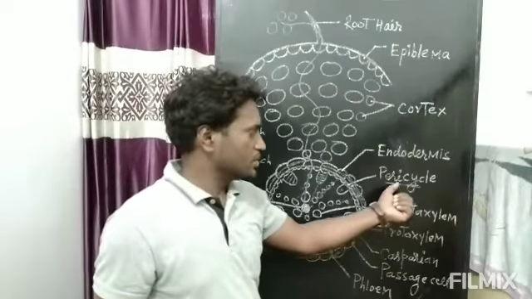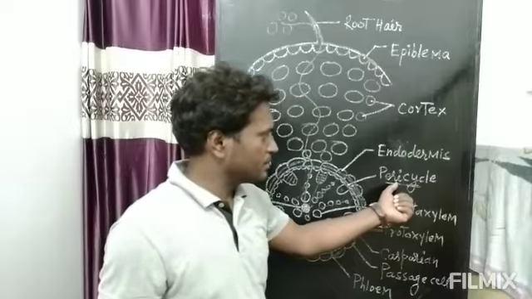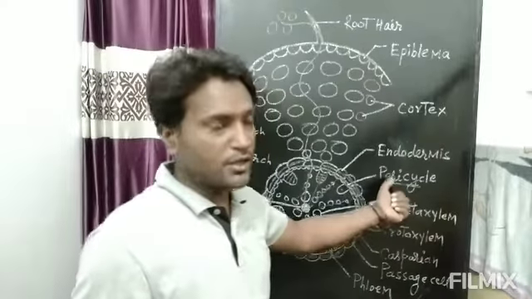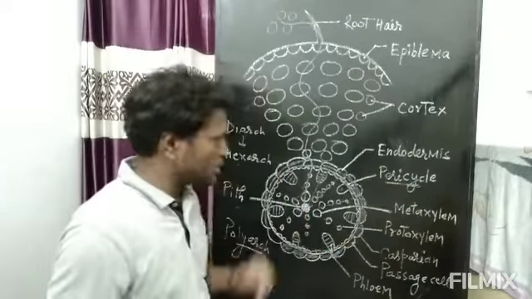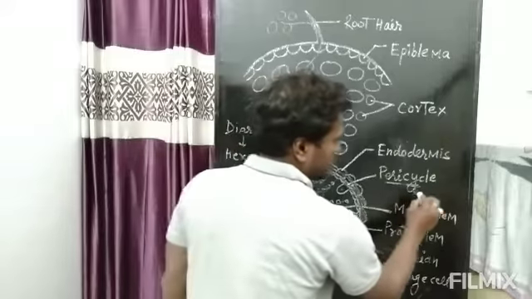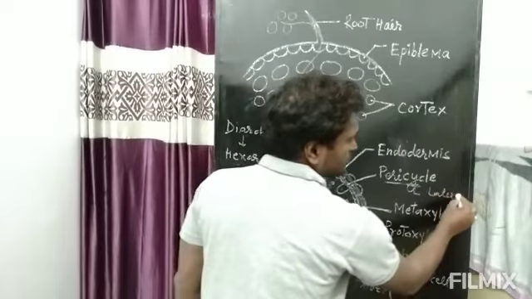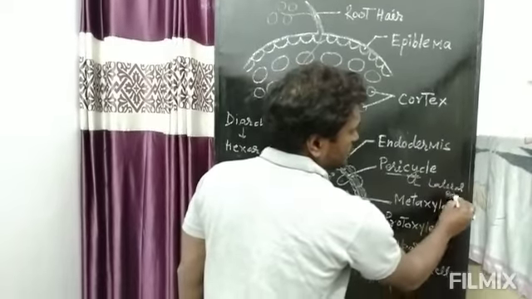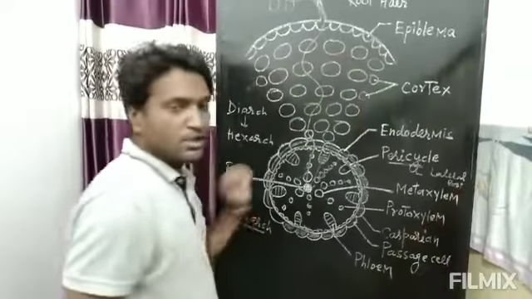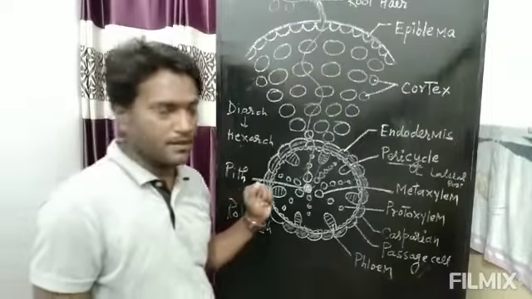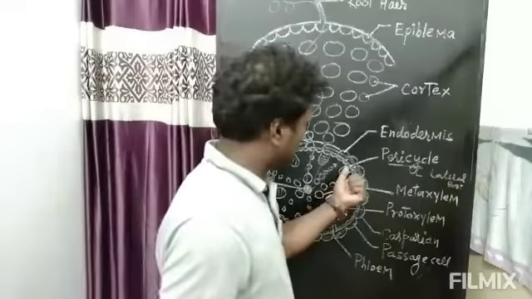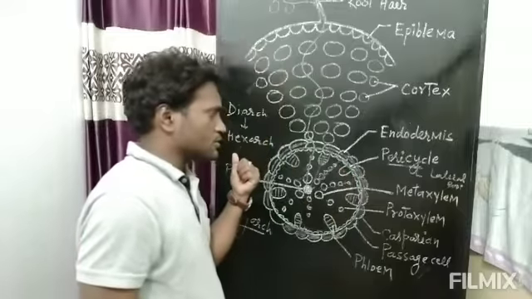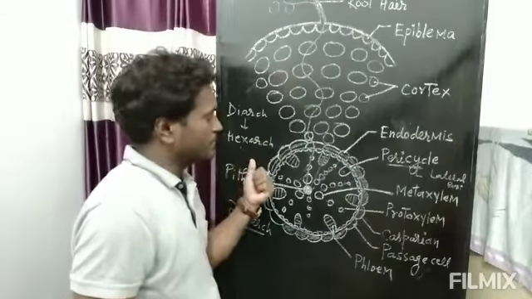But in case of monocot, pericycle develops only lateral root, because in monocot secondary growth does not take place. And in dicot root, secondary growth takes place.